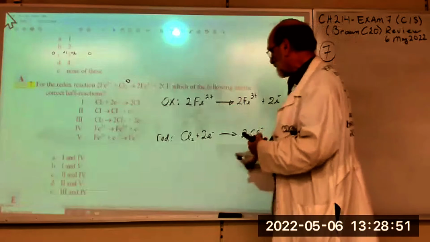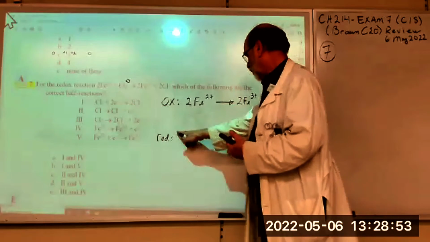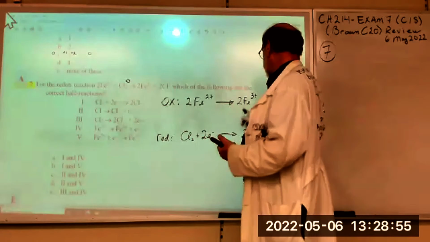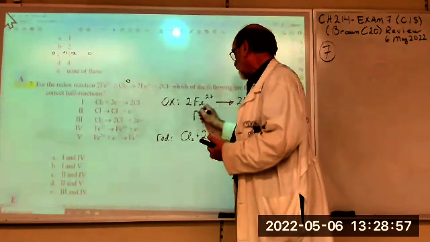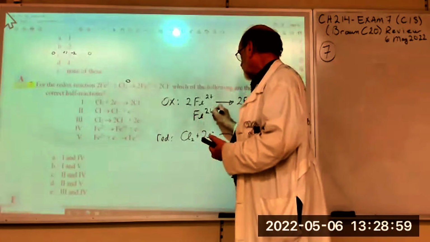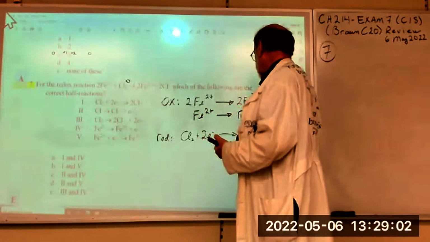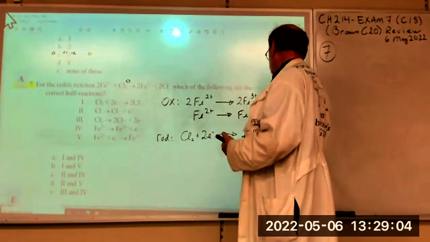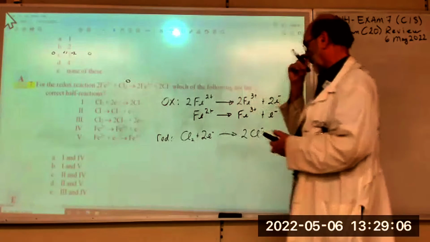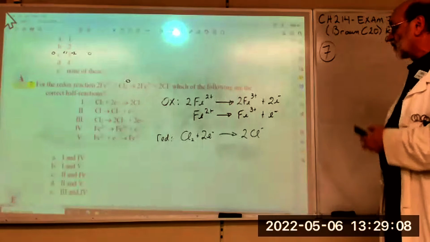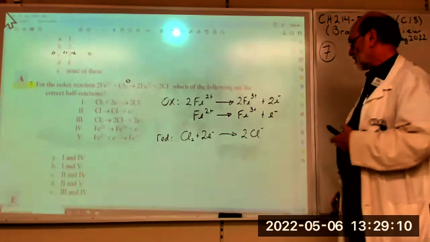Okay. So this one can't be simplified anymore. It's 1, 2, 2, but this one's 2, 2, 2. So the simpler form, the half reaction would be that one. That's what I think they want in this question.